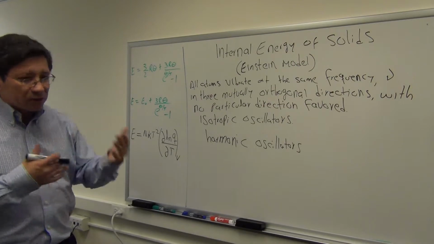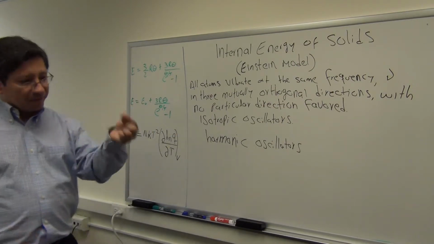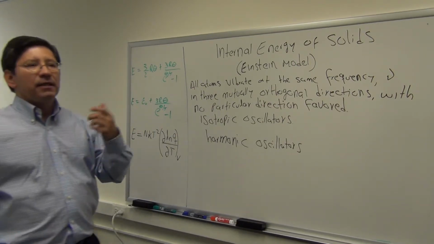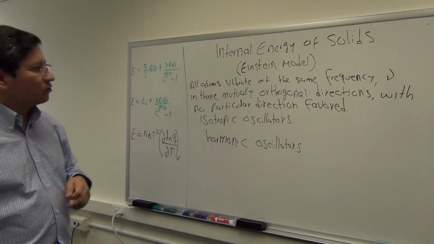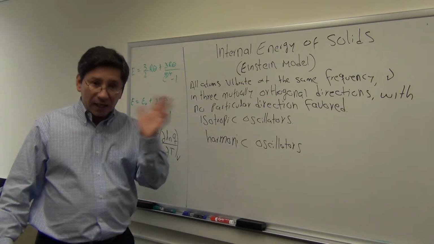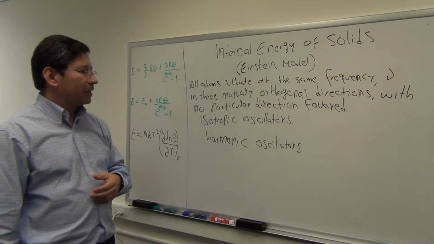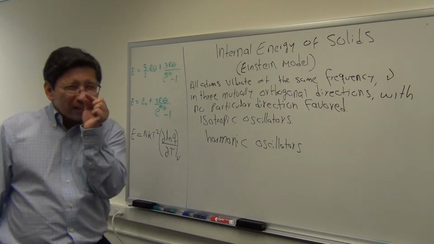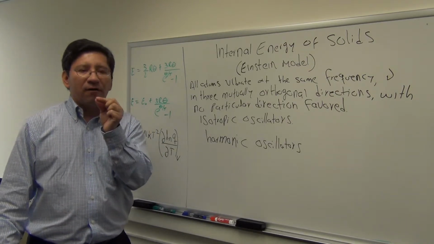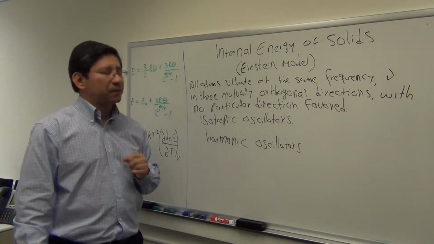So some of the assumptions made, again: all atoms are fixed in space, but they vibrate in three mutually orthogonal directions with no particular direction being favored, so all of them are isotropic oscillators. So that means one single atom can be thought of as three oscillators, if you wish.